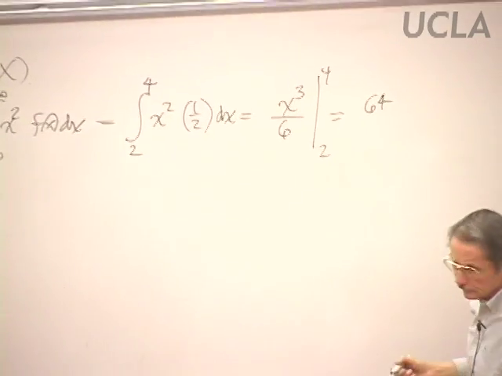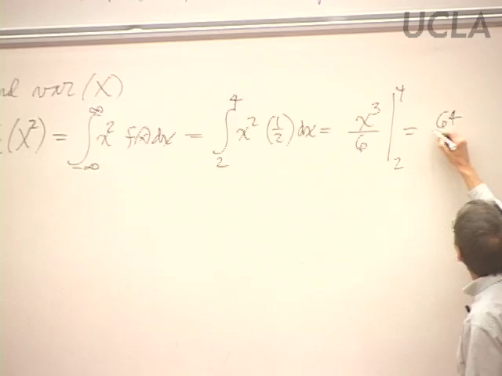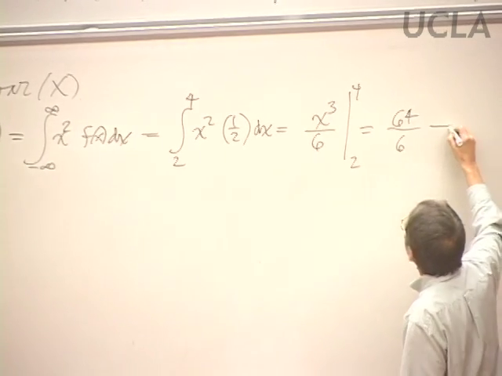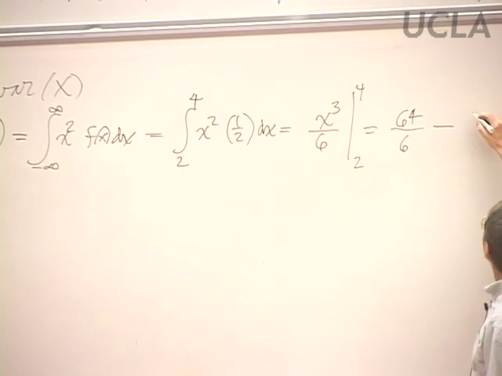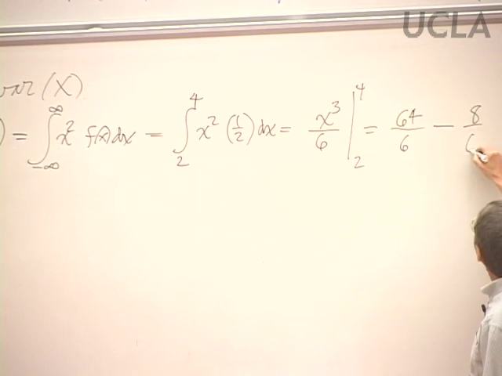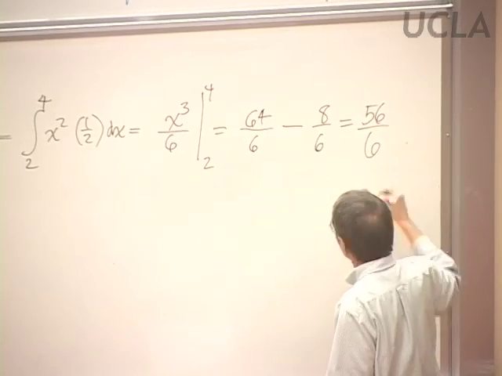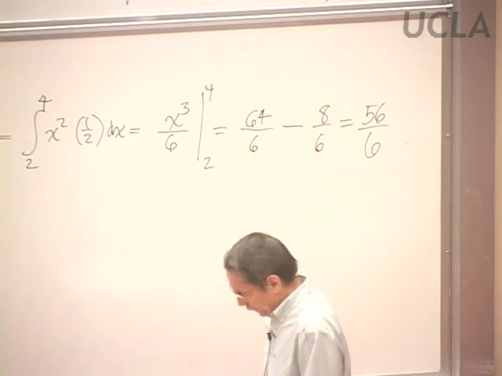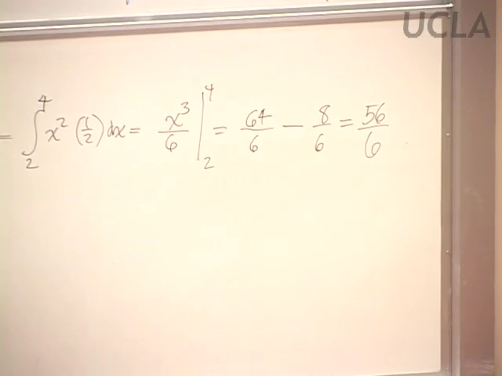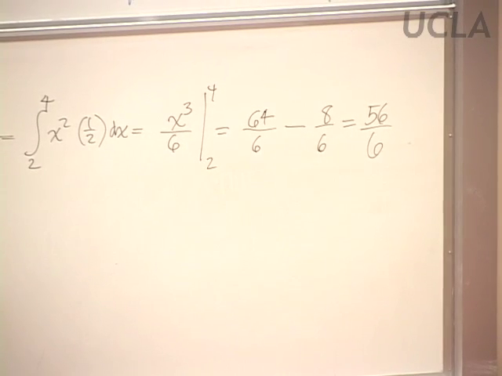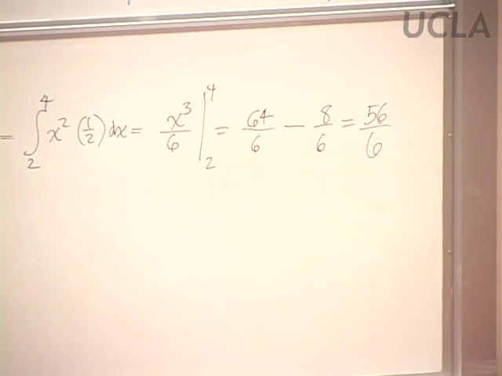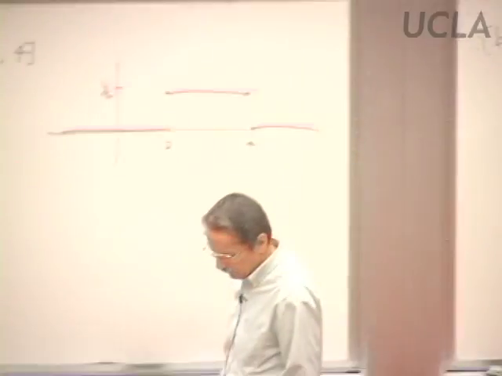Four cubed is 64. 2 cubed is 8. So we get 28 over 3, a little more than 9.